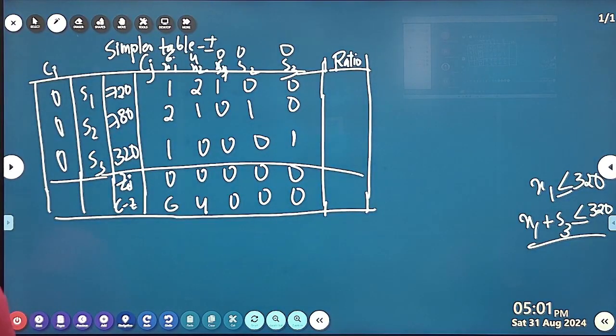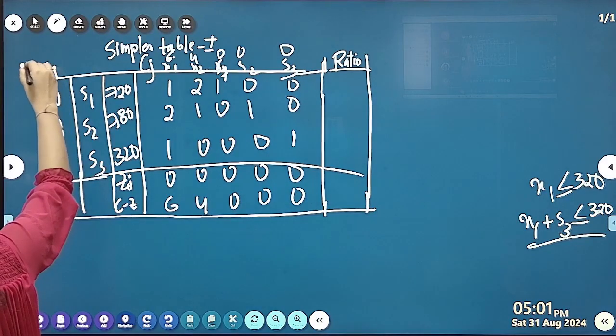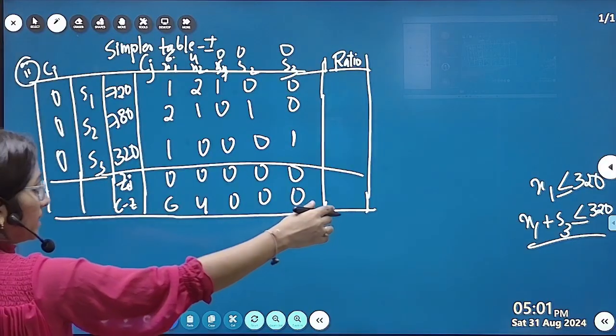Next, write down the third point. This is the second point. First we did the formulation as the first step.